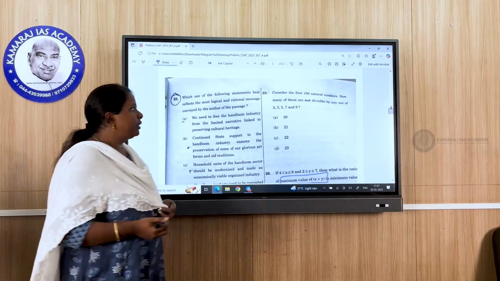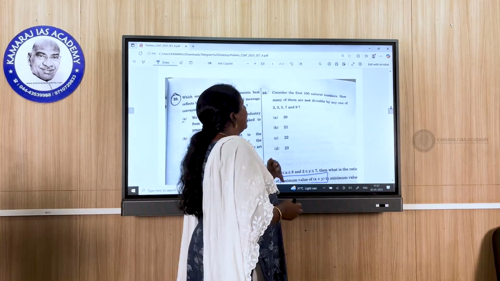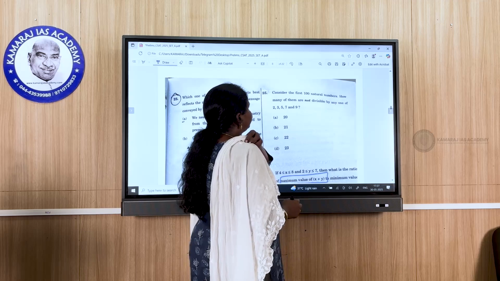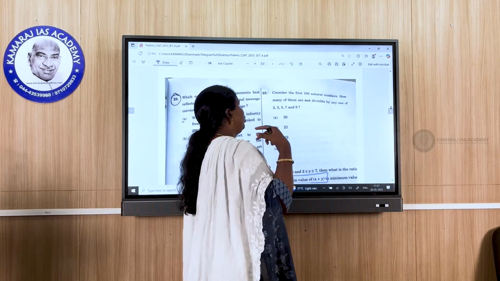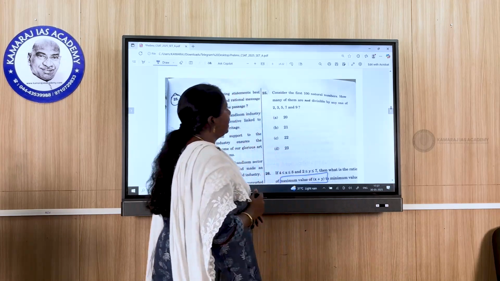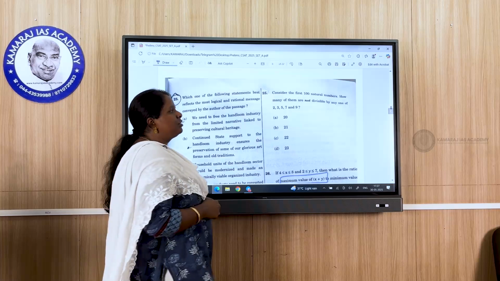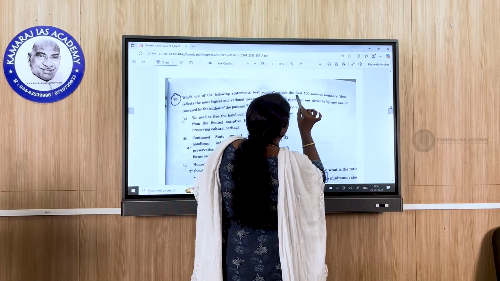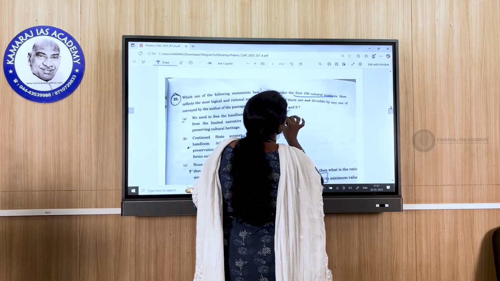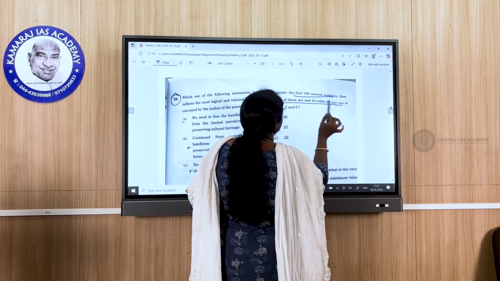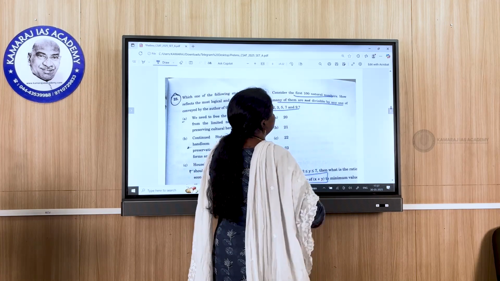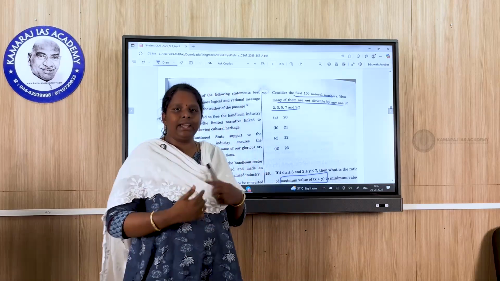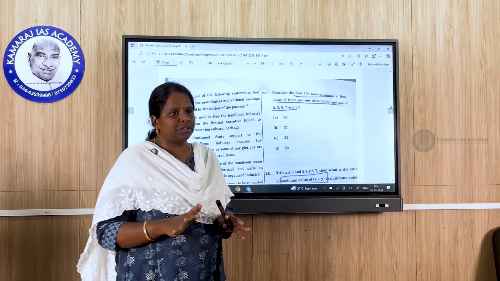Next, very simple question. Consider the first 100 natural numbers. How many of them are not divisible by any one of these numbers? So from this you can go to the concept of prime numbers, right?